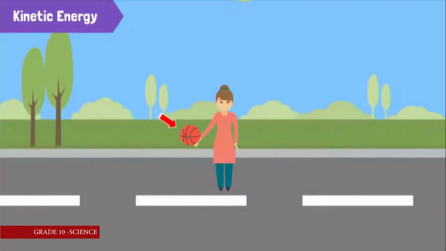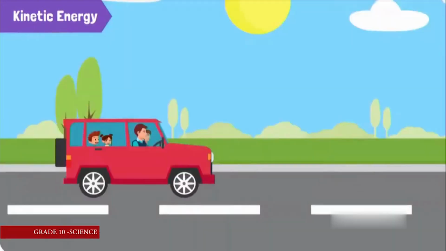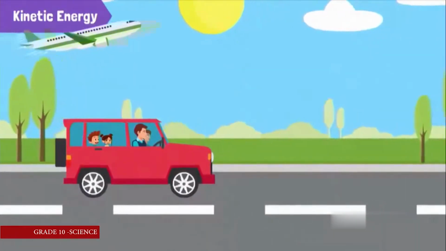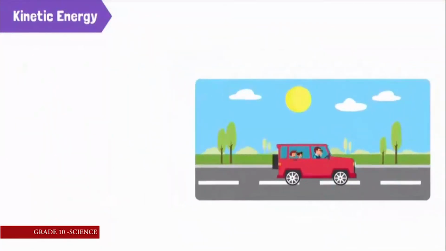When you keep a ball in your hand like this, it has no kinetic energy, but as it falls, we see that it has kinetic energy. Kinetic energy is a form of energy possessed by a body due to its motion. Therefore, any object that moves has kinetic energy, such as car travelling in a road and plane flying in the sky.